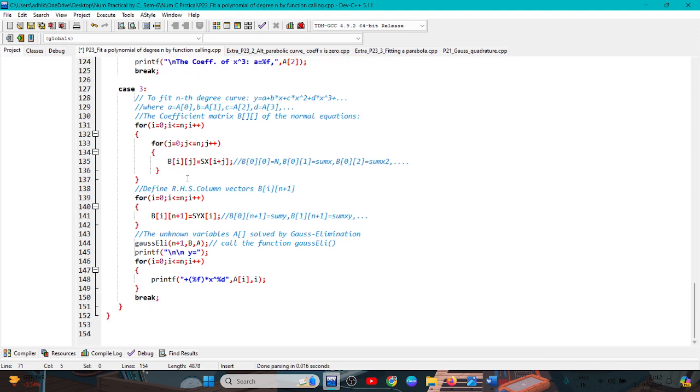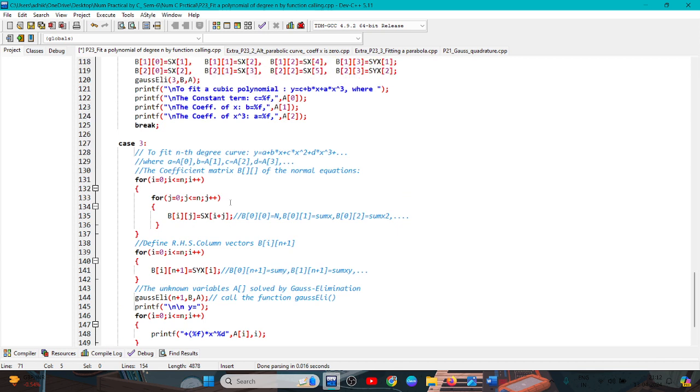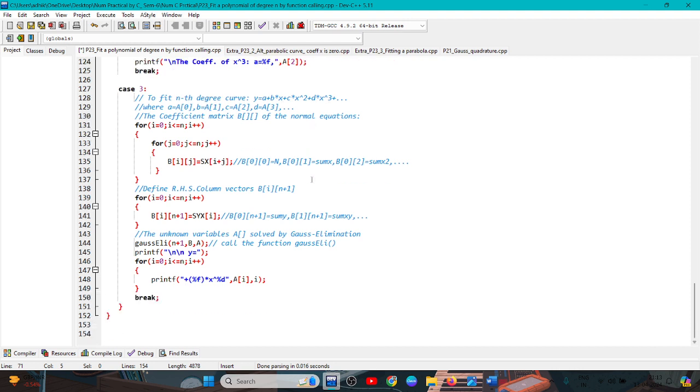So we find this Bij and B i, n plus 1. Now we call Gauss elimination with n plus 1 rows. Note that in this polynomial of degree n, no coefficient is absent here. So I call the printf, y equal to this, and print the A i j, break, and end.